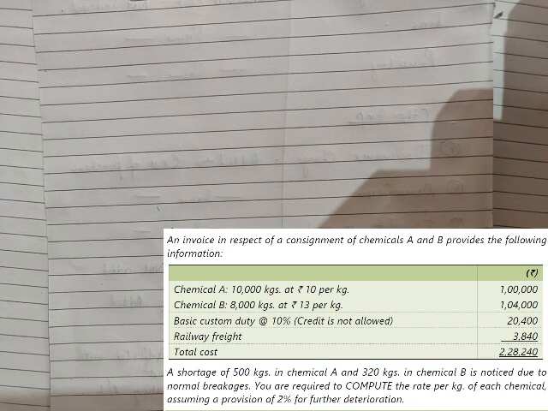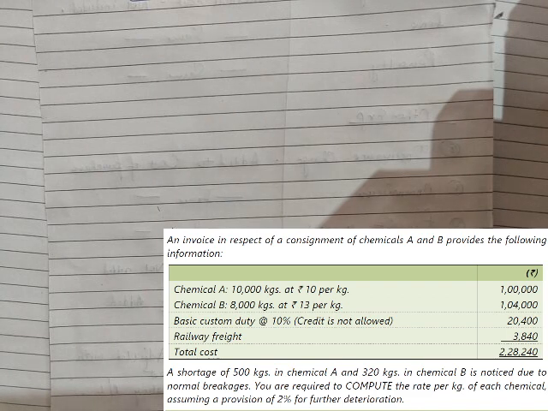It is given in the question that an invoice in respect of a consignment of chemical A and B provides the following information. The cost of chemical A and chemical B are given, basic customs duty is given, and the railway freight is given. The total cost is 2,28,240.